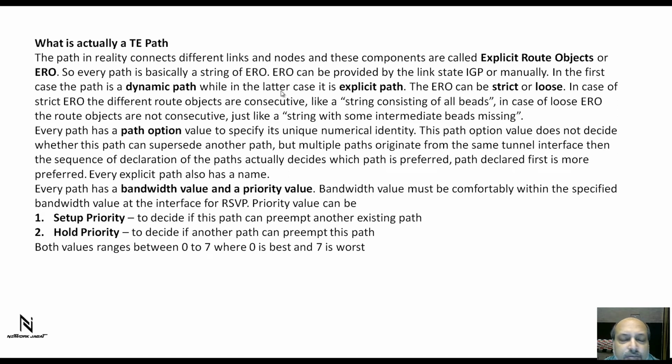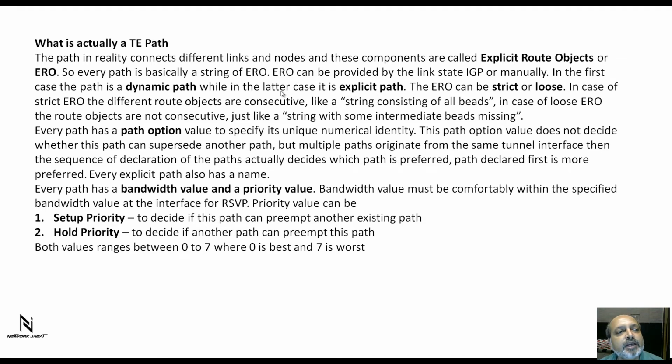So what is it actually? A physical path will be consisting of certain links and certain nodes. In the same way, a logical path must also be concerned around certain links and certain nodes.